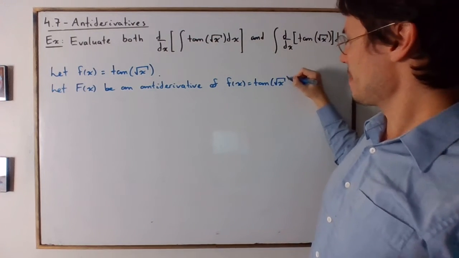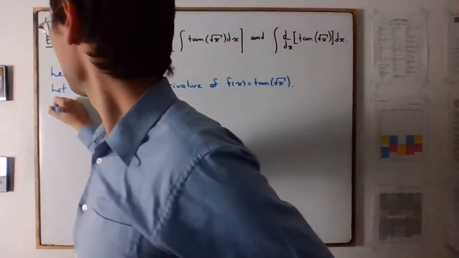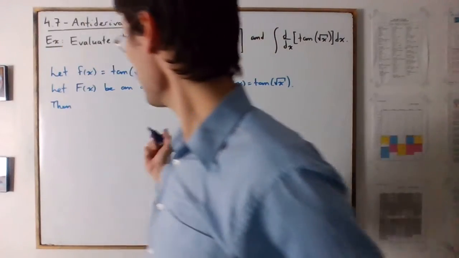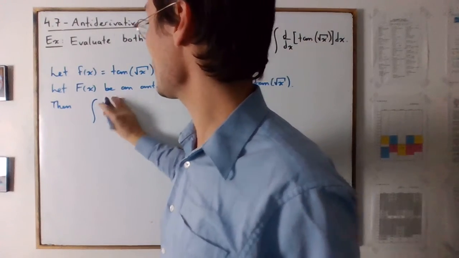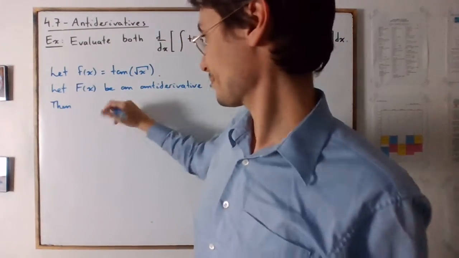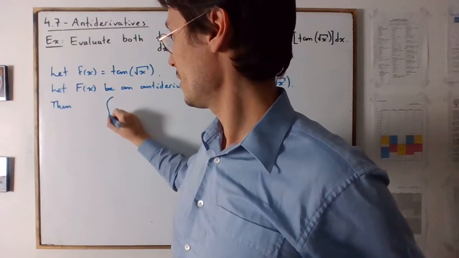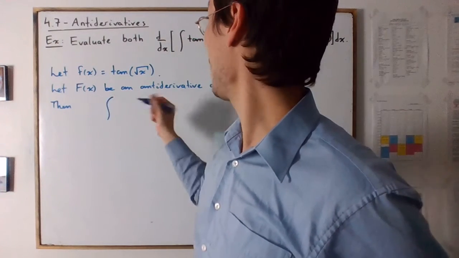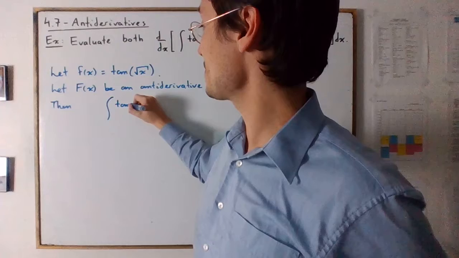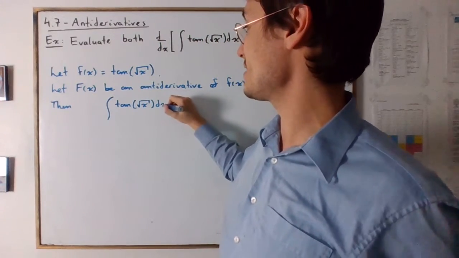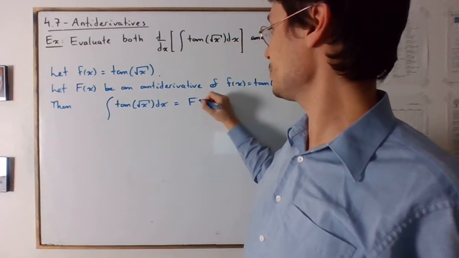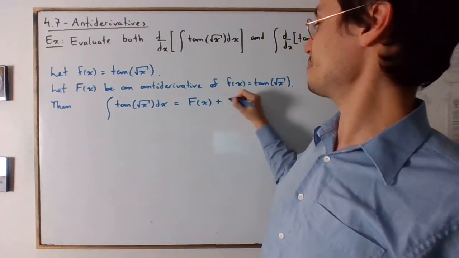Okay. Then what do we know? Let's give ourselves a little bit of space. So we know that the integral of tangent of square root of x dx is going to be equal to capital F of x plus c.